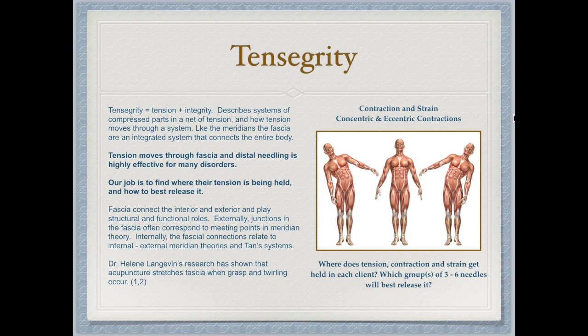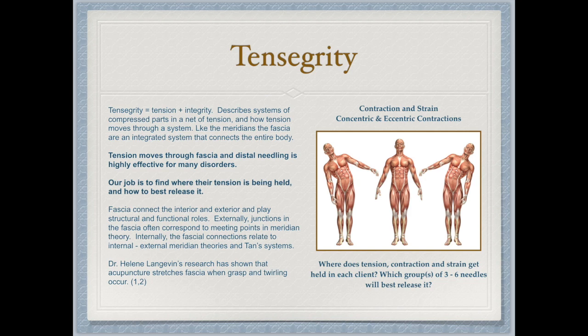As you move through this course, I want you to consider that if you're trained in Western biomedicine, or if you're a physical therapist, then this is something you've probably learned a lot about. But as acupuncturists, we don't tend to think in terms of concentric and eccentric contractions. I think it is something important to consider, and it relates to our needling methods and to biomechanics.